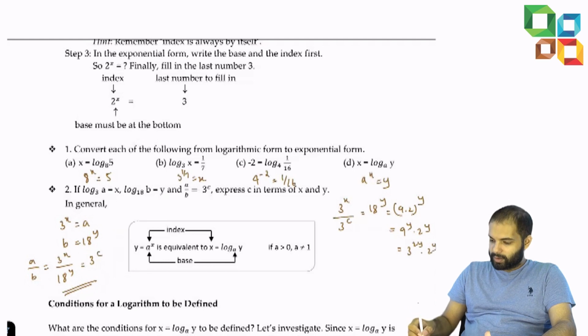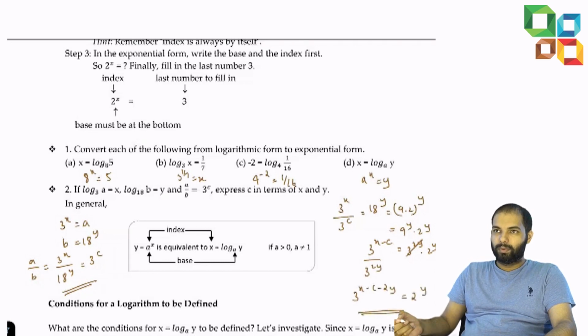On the other side, by the law of indices, a power m by a power n is a power m minus n, so 3 power x minus c. Now I bring 3 power 2y to the other side, so it is 3 power x minus c minus 2y. Is it clear now?